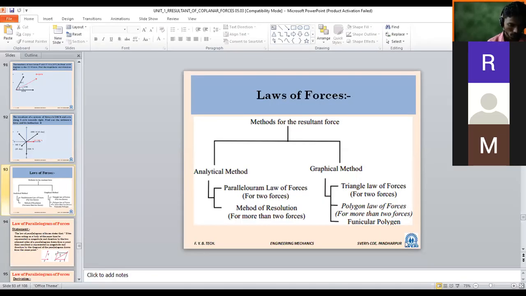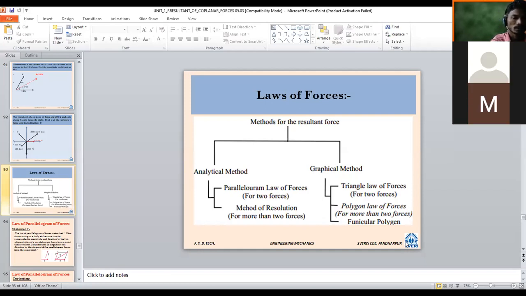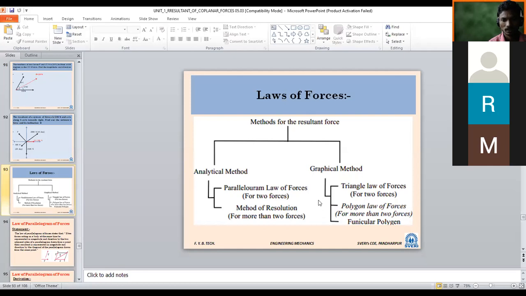Am I audible to you? Yes, sir. Okay. 63, Sohel Sayed. Audible? Yes, sir. Okay. Roll number 8, are you observing the slide? Yes, sir. Which slide? What is written? Laws of forces.